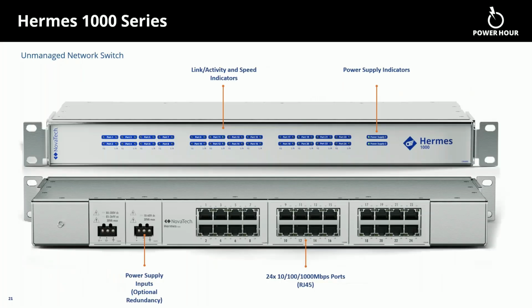On this screen, I can see 18 to 60 volts is low voltage, and then 80 to 300 DC or 85 to 264 AC is high voltage. So that's on the Hermes 1000. It's a little bit different on the 2000. Also the 2000 is a fixed frame and it's even more rugged than these basically. They both pass the standard, but the layer 2 managed switch passes it harder, if that makes sense.